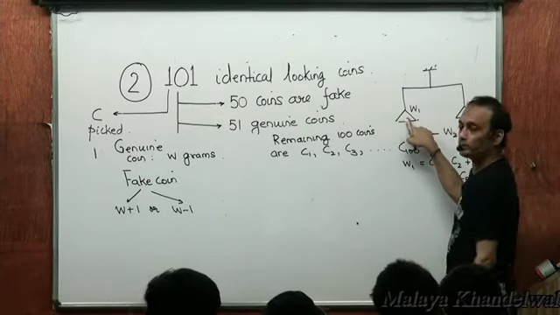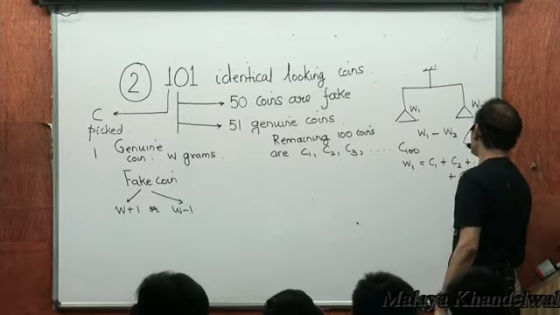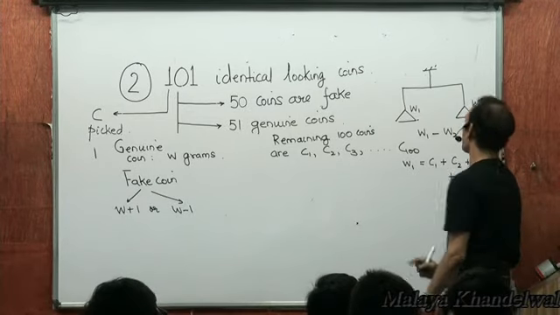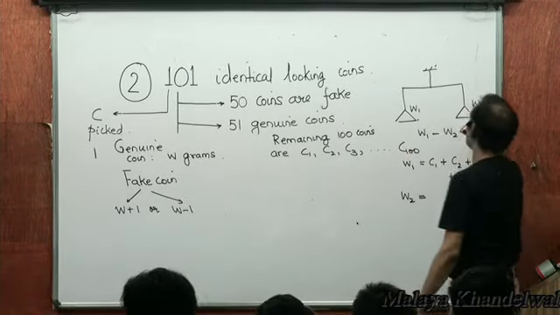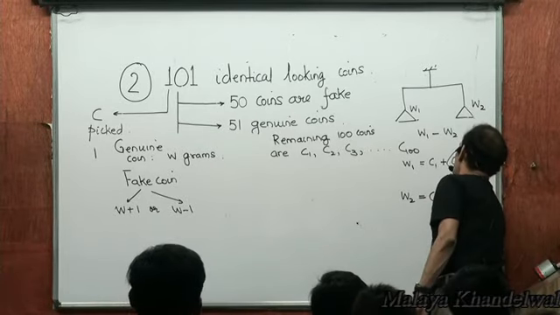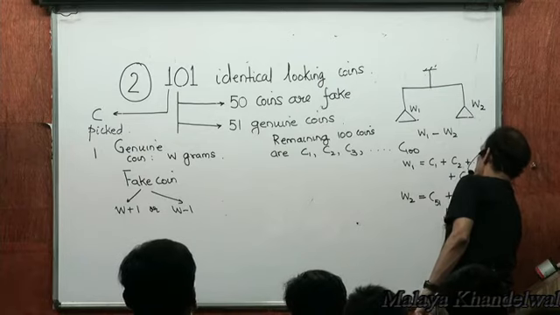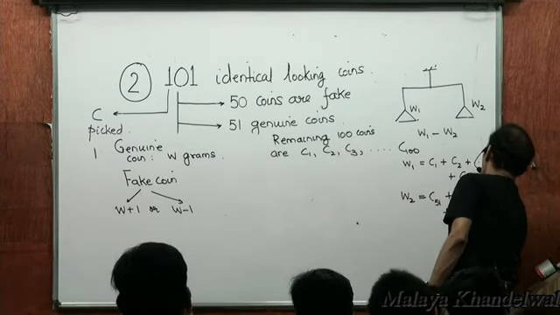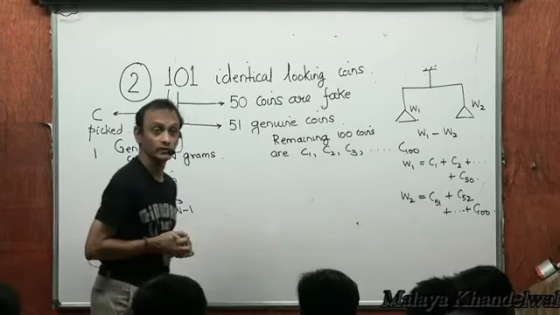In one of the pans, I place 50 coins, C1 plus C2 plus C3 plus ... plus C50. And in the other pan, the remaining 50 coins, that means C51 plus C52 plus ... plus C100. This is what I do for the second pan.